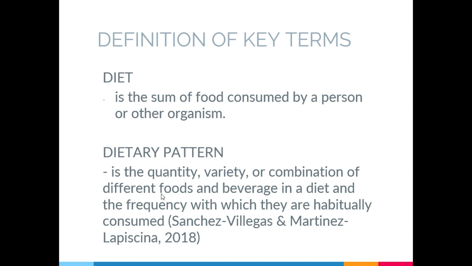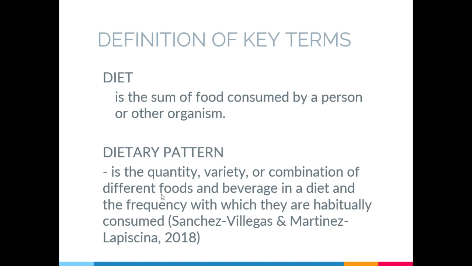But if imong diet is comprised of high sugar foods, high saturated fat foods, high cholesterol foods, mga salty nga foods, high sodium foods, then that kind of dietary pattern can be called as Western type or Western diet.